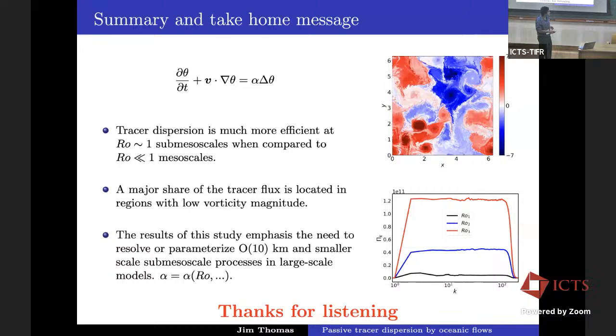This alpha has to depend somehow on Rossby number so that it factors in the scale dependent features of the tracer dispersion. This is part of many other studies that try to understand how the tracer dispersion has to be modified when you put it in large scale ocean and climate models. So I'll stop there.